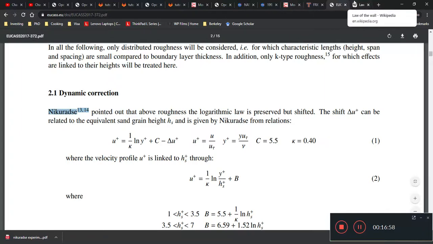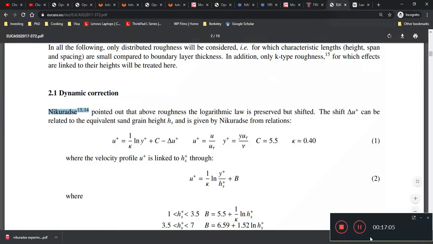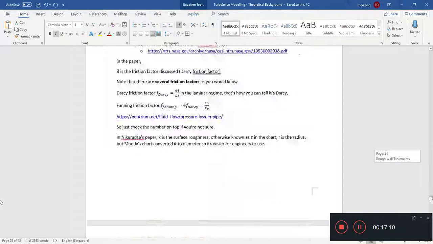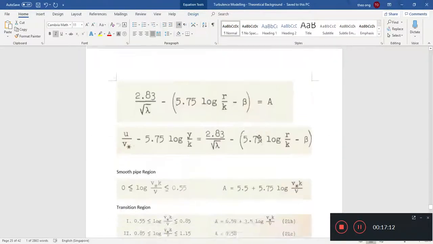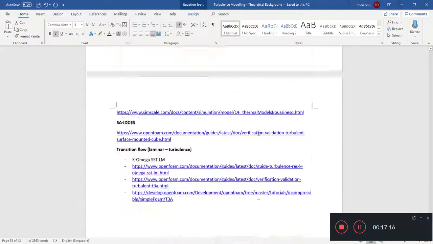You can go look it up. This is just trivia, so you can take a look at it. I can paste the link for you. I put it all the way at the bottom.